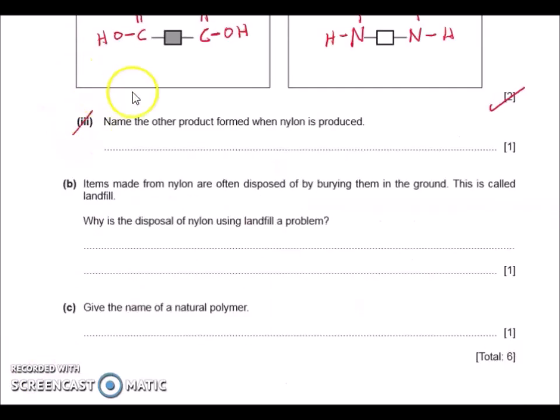For this question, name the other product formed when nylon is produced. We can say it is water. Items made from nylon are often disposed of by burying them in the ground. This is called landfill. Why is the disposal of nylon using landfill a problem?